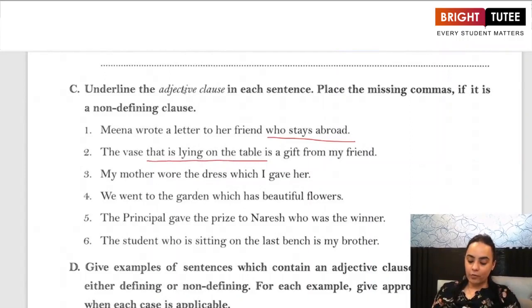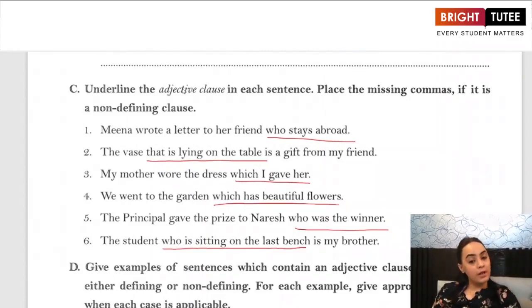My mother wore the dress which I gave her. We went to the garden which has beautiful flowers. The principal gave the prize to Vesh, who was the winner. The student who is on the last bench is my brother.